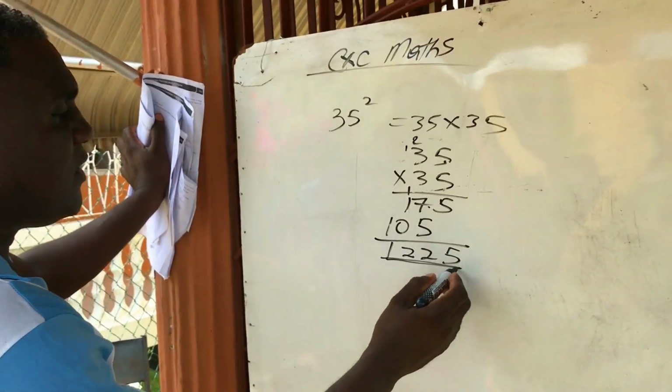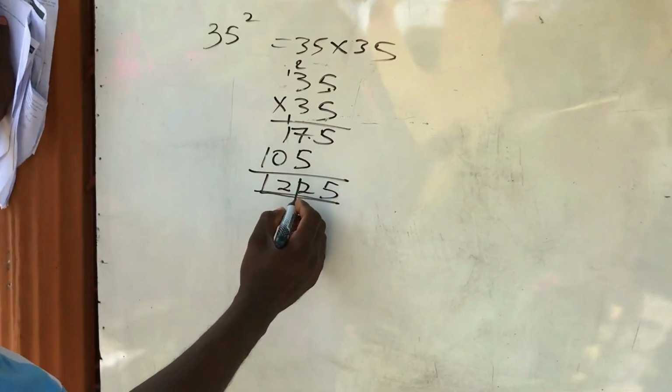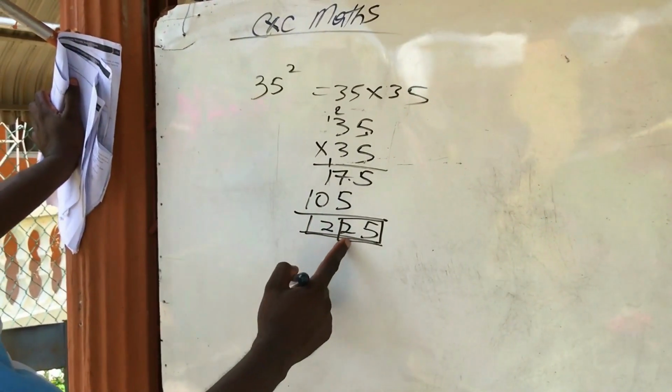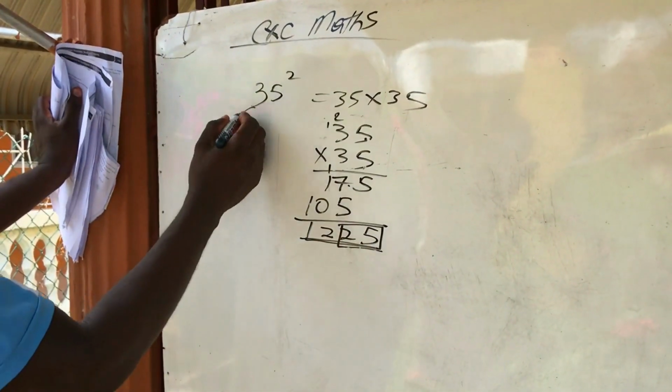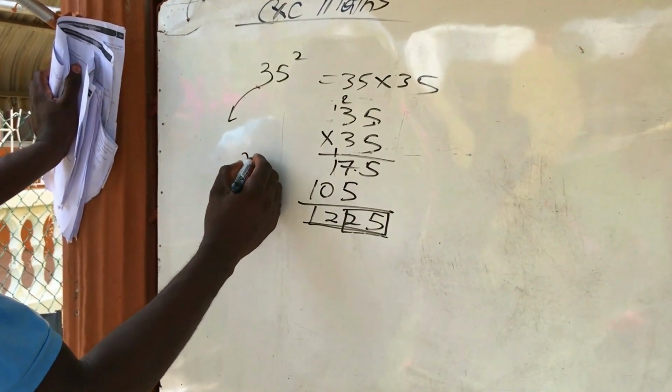Now this is 1225. So here we realize that our product actually ends with 25. So if we go to 35 squared, we know that it must end with 25.